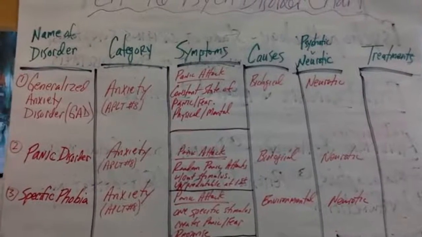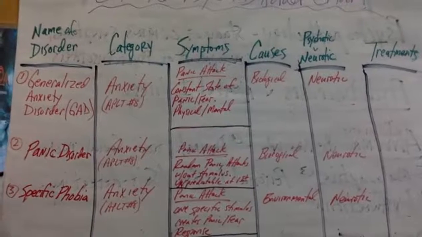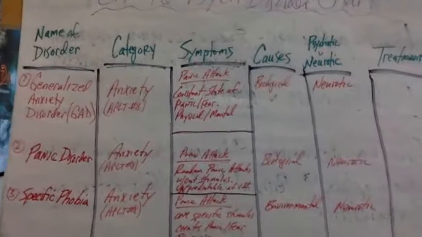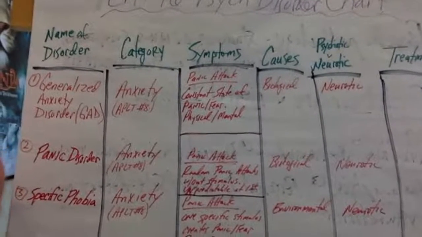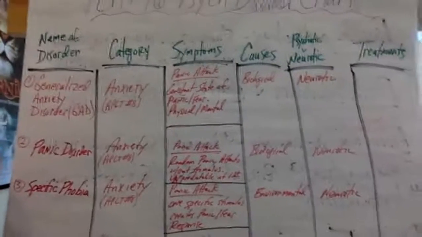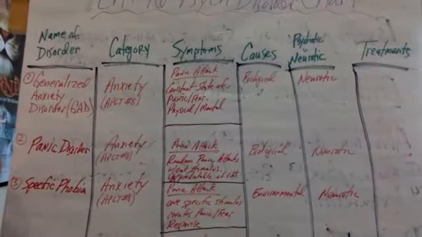The first 3 today are generalized anxiety disorder, panic disorder, and specific phobia. Don't worry about filling out the information right now. I'll go over the information, and then I'll do a close-up of each disorder again to make sure that you have the information, and I'll put this on Twitter as well.